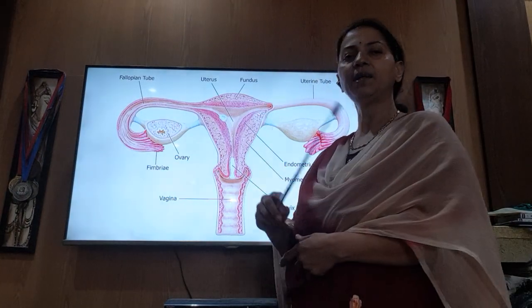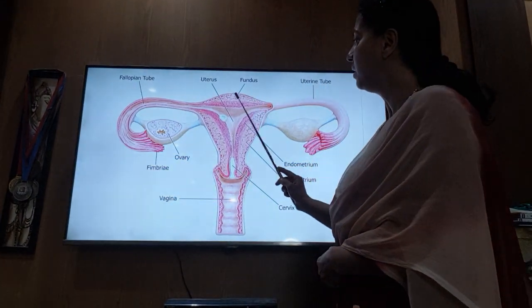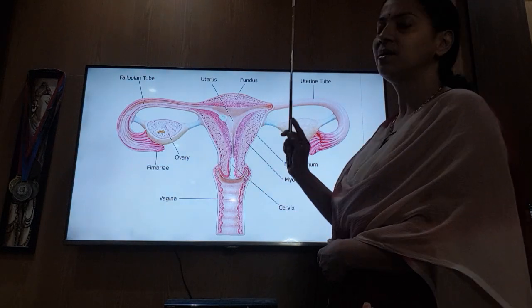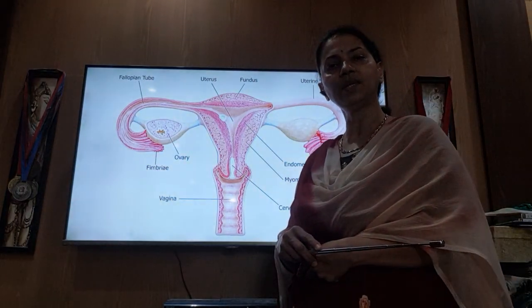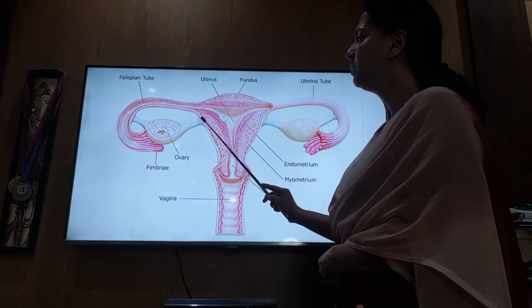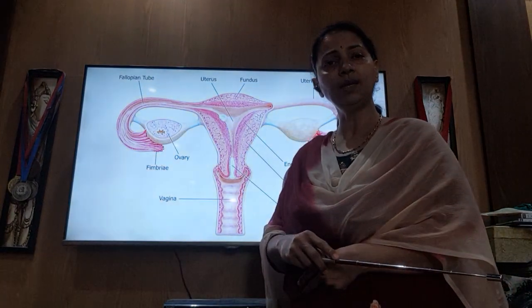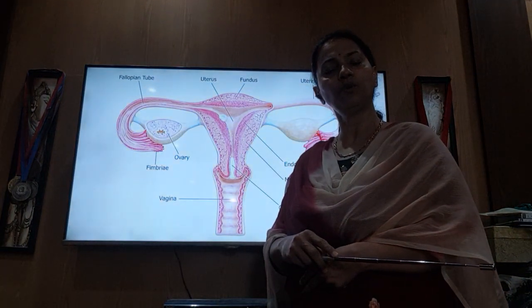Fallopian tube had parasympathetic and sympathetic nerve supply. Similarly, the uterus will also have sympathetic and parasympathetic nerve supply. So the nerve plexus will also be present in the broad ligament. So these are the contents of broad ligament.